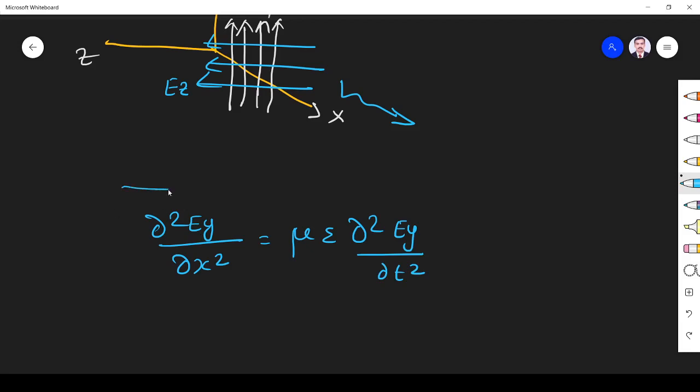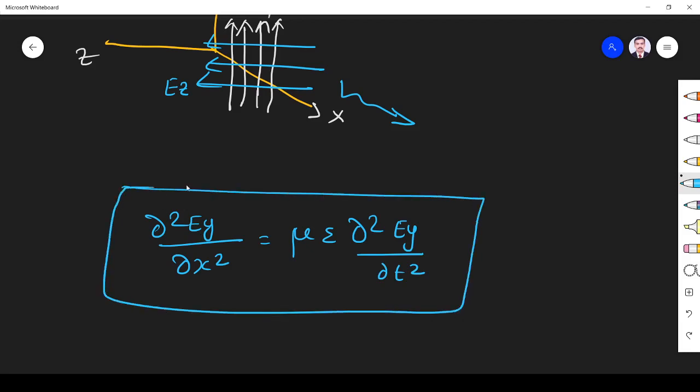This is what we made: a scalar equation. Earlier we had a vector equation. This is a scalar equation, and it is a second order differential equation.